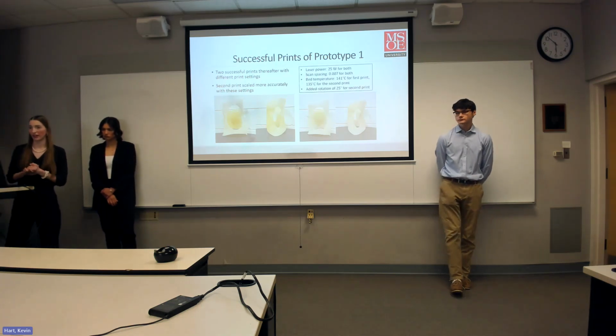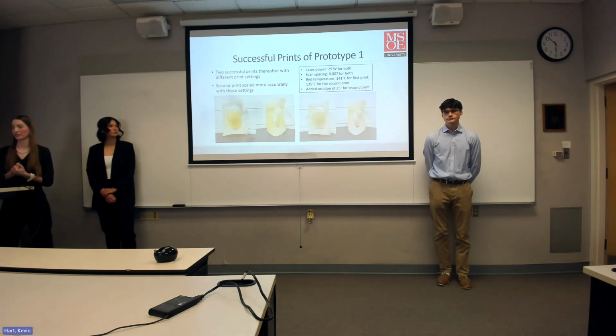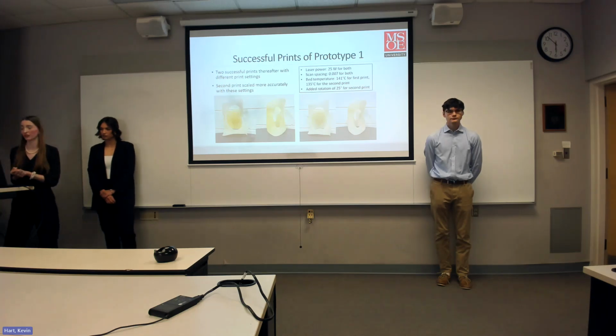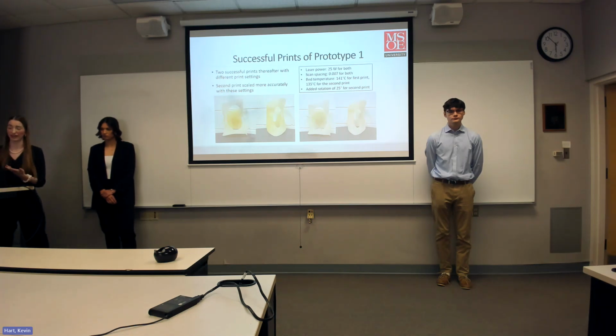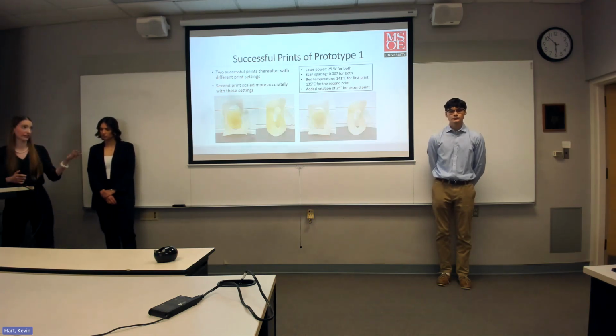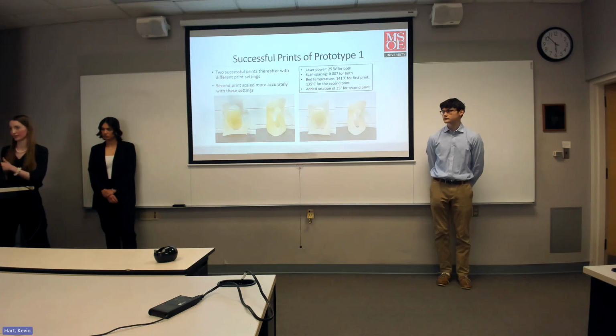So laser power of 25 watts, scan spacing of 0.007, a bed temperature of 141 degrees Celsius for the first print on the left and 135 degrees Celsius for the second print on the right. Additionally, we added a rotation of 25 degrees for the second print in the SLS software. And based on the second print's higher quality and better scaling to the CAD model, we decided to go with the second successful print settings for the following prototypes thereafter.